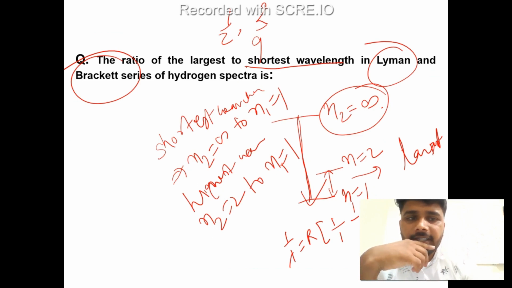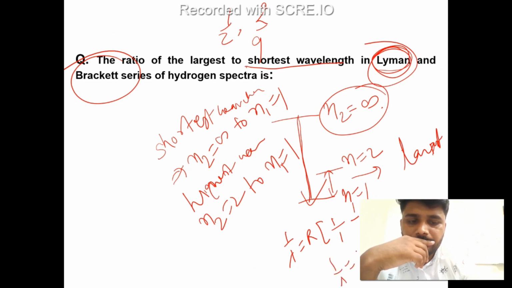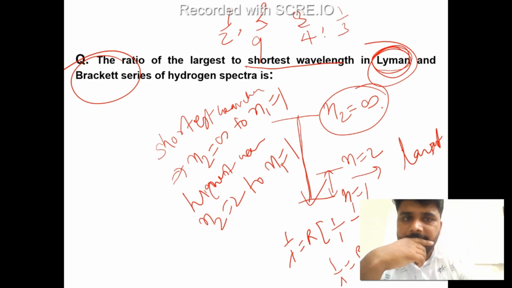Lyman largest to shortest, and second is Brackett, largest to shortest. Okay, you can try. 1 by 3. Okay, okay.